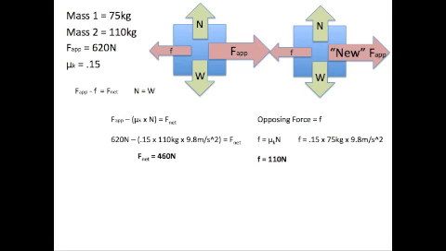So for part C, the force that the 110 kilogram box exerts on the 75 kilogram box is 460 newtons, while the force that the 75 kilogram box exerts on the 110 kilogram box, or the frictional force, is equal to 110 newtons.